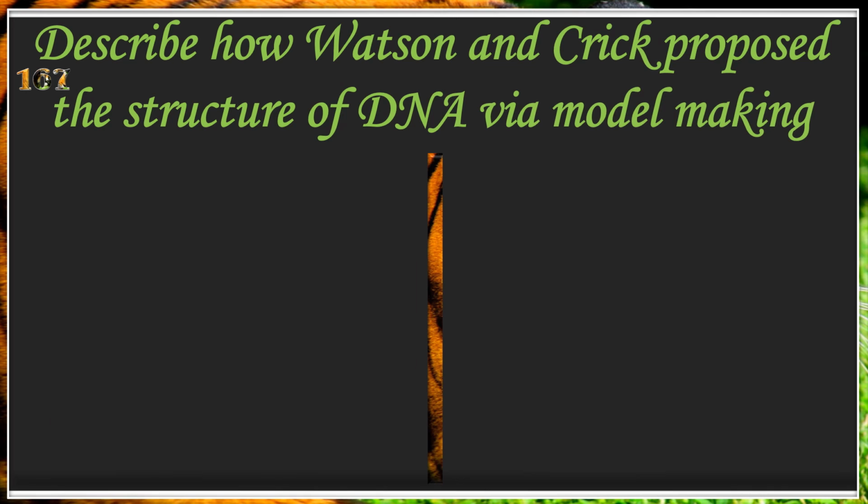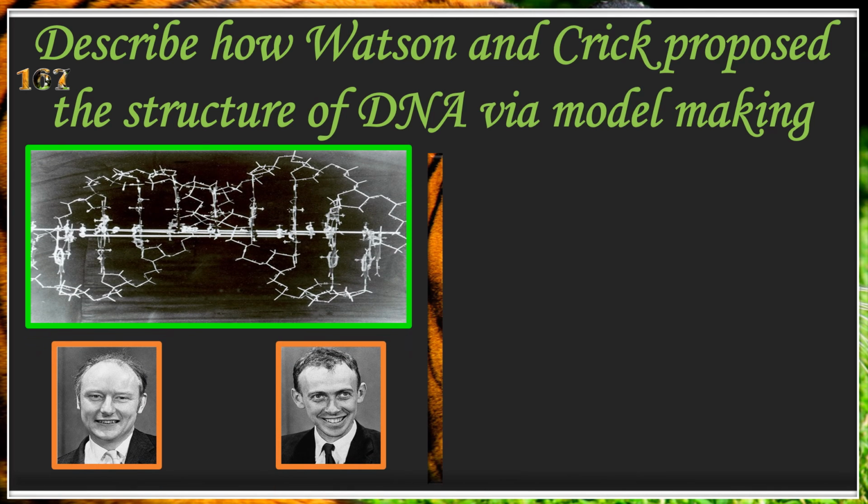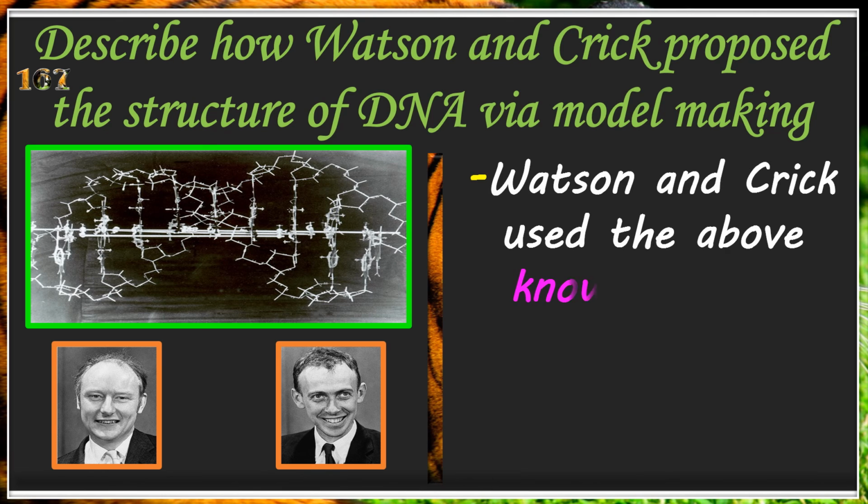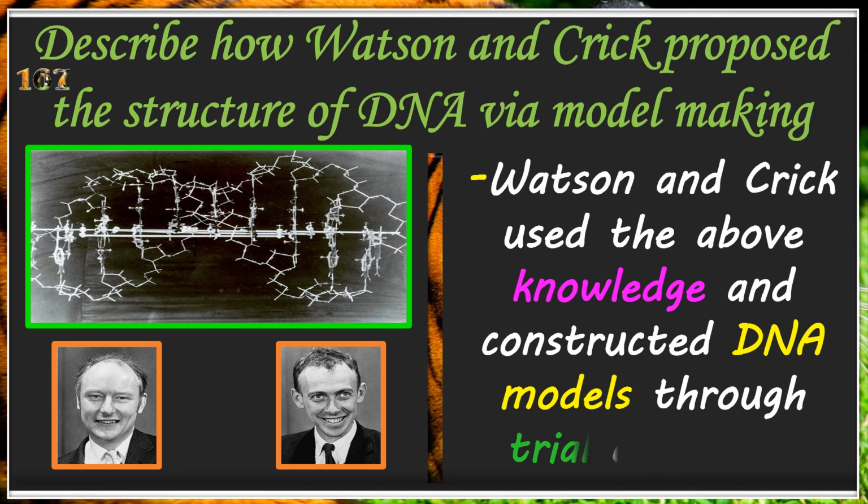Describe how Watson and Crick proposed the structure of DNA via model making. Watson and Crick used the above knowledge from the other scientists and constructed the DNA model through trial and error.